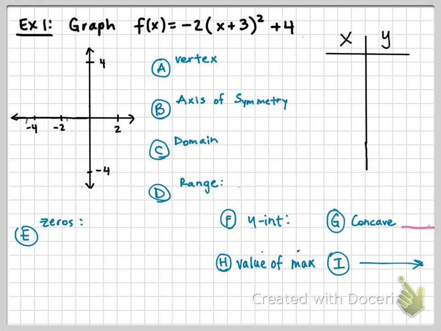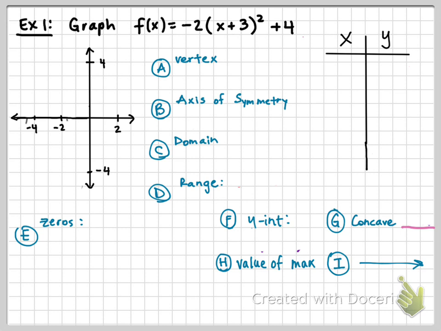Let's move forward. So imagine I asked you to graph f of x, which is -2 times x plus 3 quantity squared plus 4. So this is going to ask a lot of us in this example. We're asked for the vertex, axis of symmetry, domain and range, the zeros, the y-intercept, how its concavity is, if it's up or down, the maximum or minimum value, and then we're going to have to convert this vertex form to standard form.